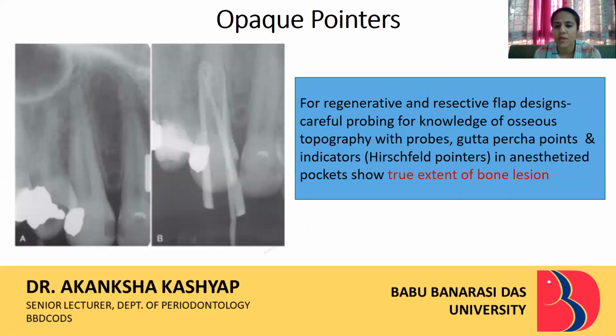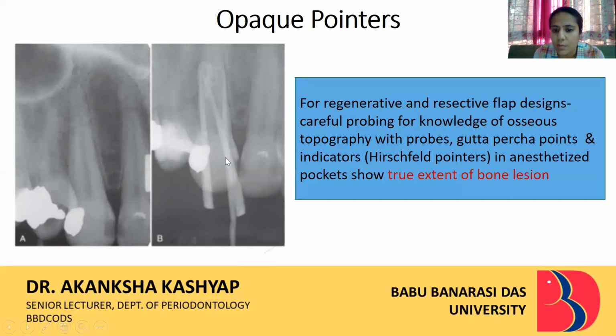Now, what are opaque pointers? Whenever we plan regenerative or resective flap surgical procedures, we want to know what the osseous topography of the bone is. For that, we carefully do the probing or bone sounding after anesthetizing the area. In those cases, we can anesthetize the area and then put some pointers which are opaque, so they can easily be appreciated on the radiograph.